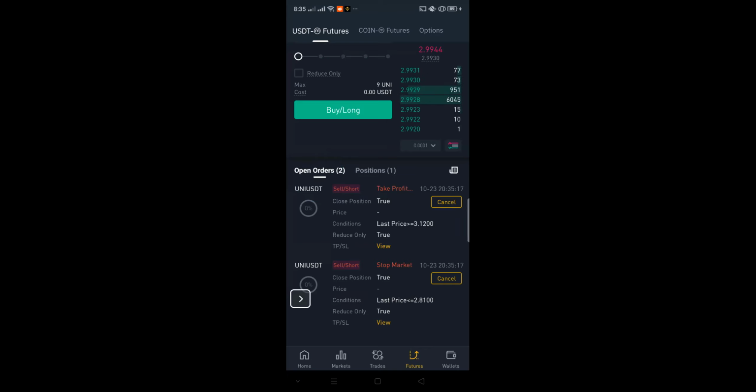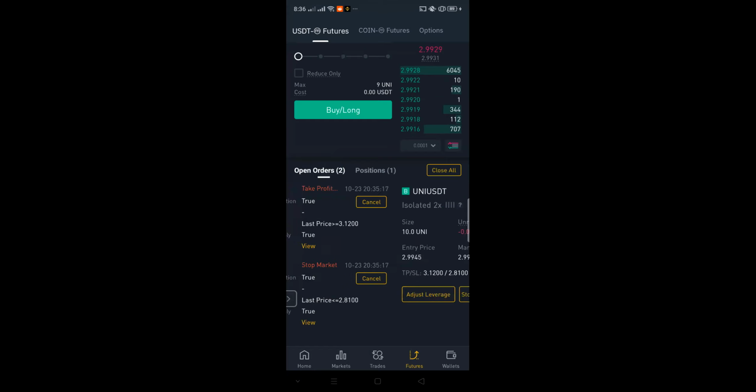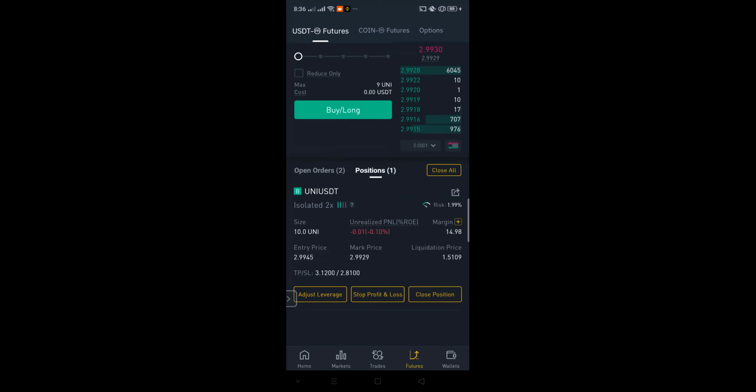Once you look at it, you see USDT sell short, take profit. Then the second one, USDT sell short, stop market. That is your stop loss, which is 2.81. If you click on position, you will see our trades.